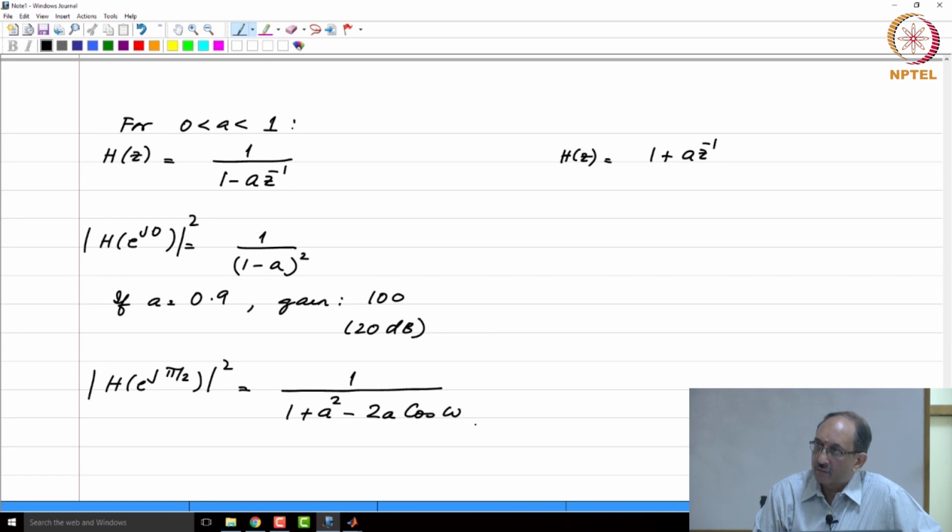Theta is 0 because theta is the angle of the root. Here when a equal to 0.9, theta is 0. Therefore, this is what the magnitude squared is, and when you evaluate this at omega equal to pi by 2, you get 1 by 1 plus a square.